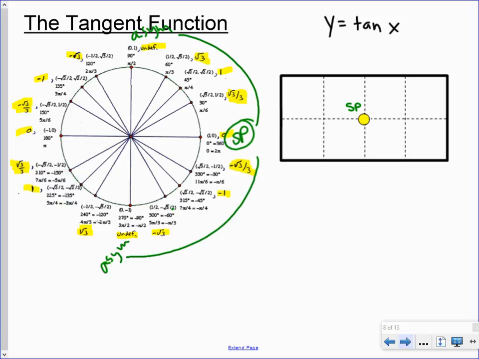If I did y equals tangent x, I could do the same things I've always done. The absolute value of a is 1. The period is pi over 1, or just pi. And the starting point is 0, 0. And the big difference is when you make the frame, you put your starting point in the middle.